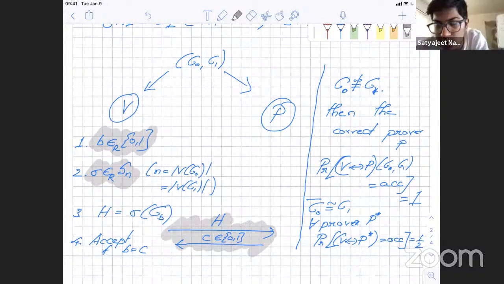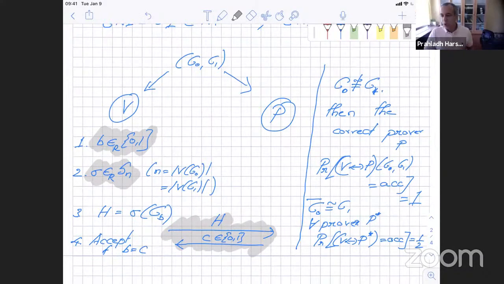Someone didn't understand why, when G0 is isomorphic to G1, the probability that you accept is equal to half. When G0 equals G1, H might as well be from G0 or G1. It really does not matter. H is just a random copy of the same graph, so B is now just a random bit. H is not giving you any information about G0 or G1.